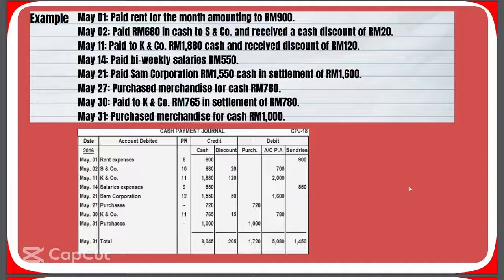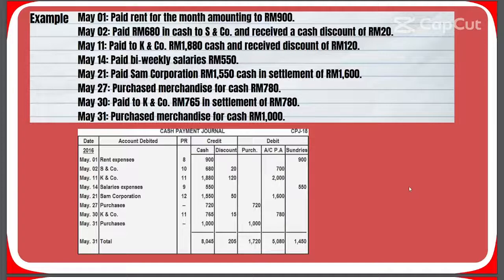Next, 11 May you write account debit KNCO, you write amount 1,800 ringgit to credit, and discount 120 ringgit to credit, and your total amount 1,000 at debit.